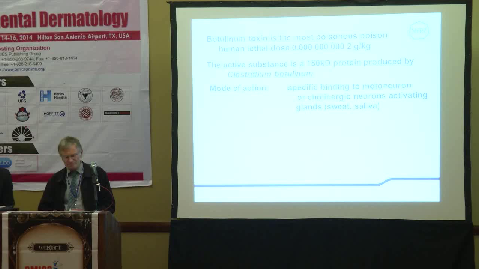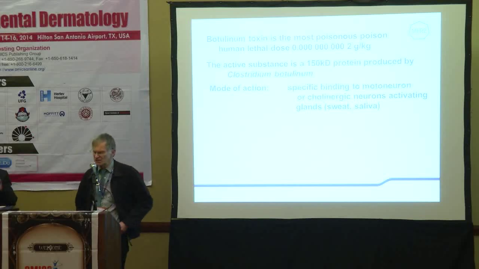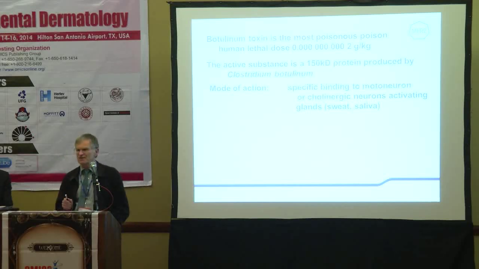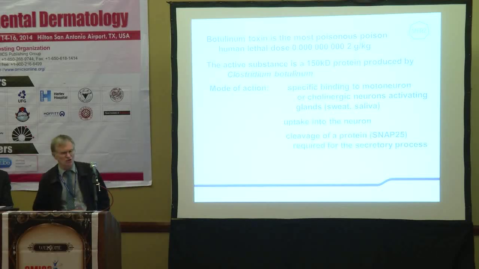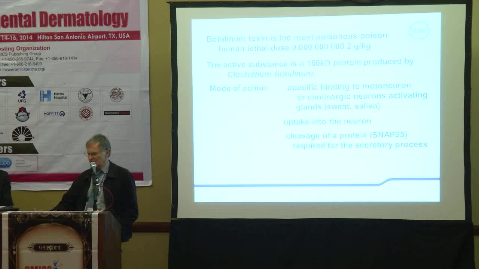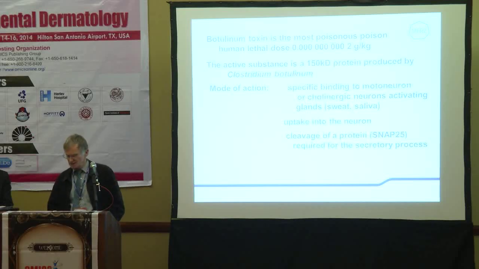The mode of action, you might know: this botulinum toxin protein binds to motor neurons or cholinergic neurons which activate glands, for example, the sweat gland or the saliva gland. After binding, the substance is taken up by the neuron and transferred into the cytosol of the neuron. The next step is the cleavage of a special protein called SNAP25, which is required for the secretory process.